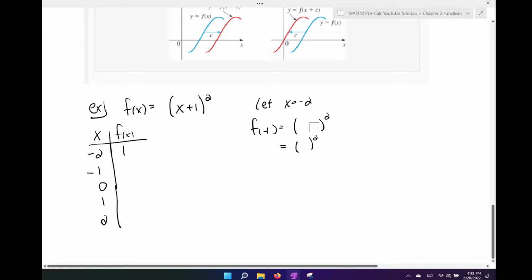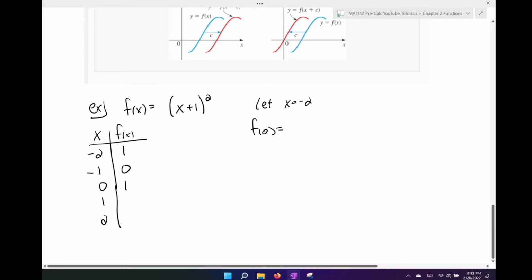We're going to substitute in -1. So -1 plus 1 is going to be 0, and 0 to the second power is 0. Okay. Now we're going to do 0. So this is going to be 0 plus 1 to the second power, which is just 1 to the second power. So this is going to be 1.